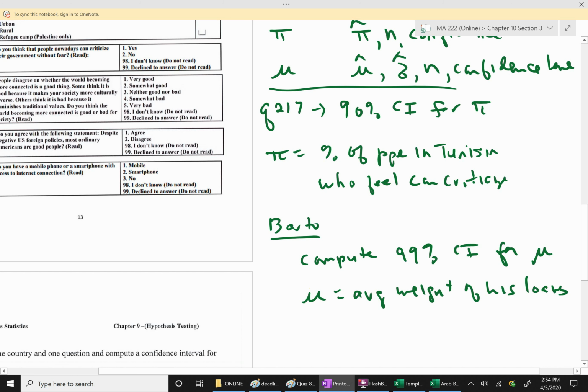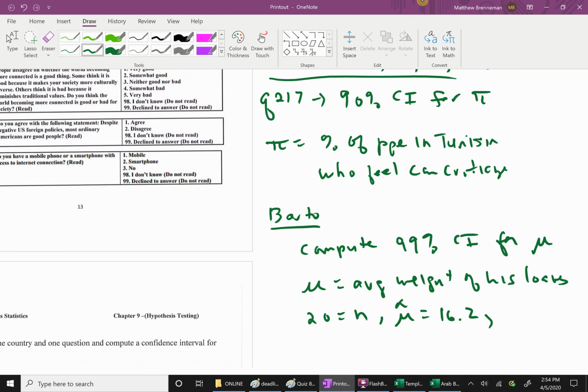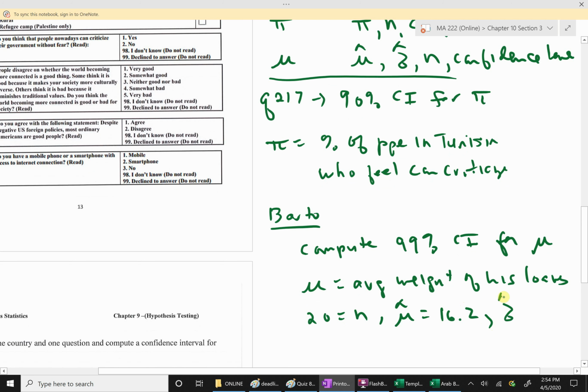Okay? And let's suppose Bardo goes out and he takes a sample of, say, 20 loaves, and he finds that the sample mean from those 20 loaves is 16.2 ounces. And he finds that the sample standard deviation of the weight from those 20 loaves is equal to, let me think about this for a second.